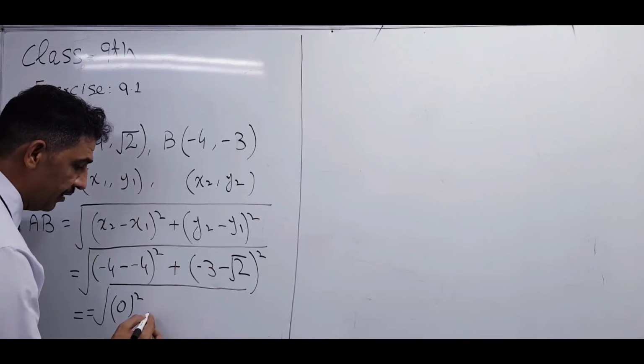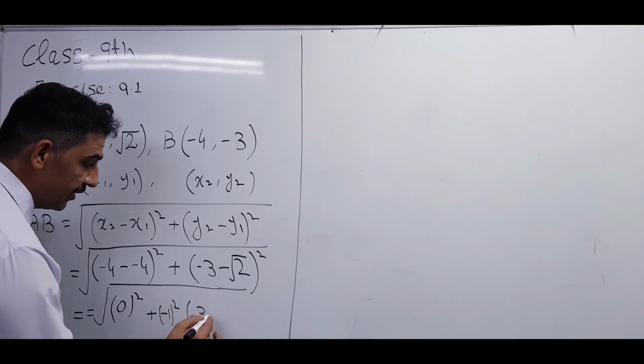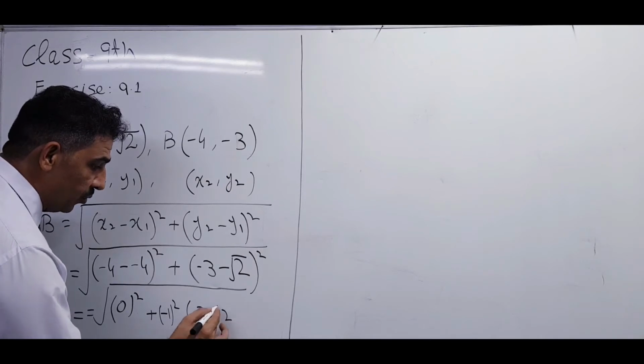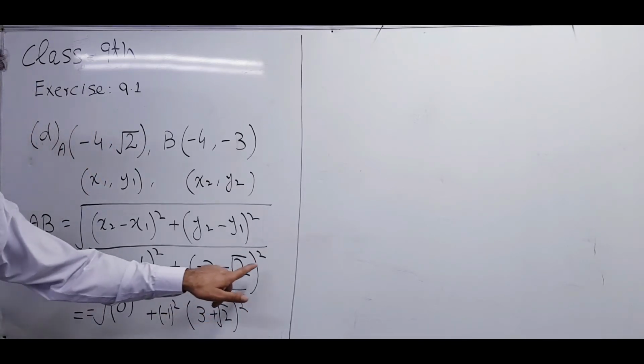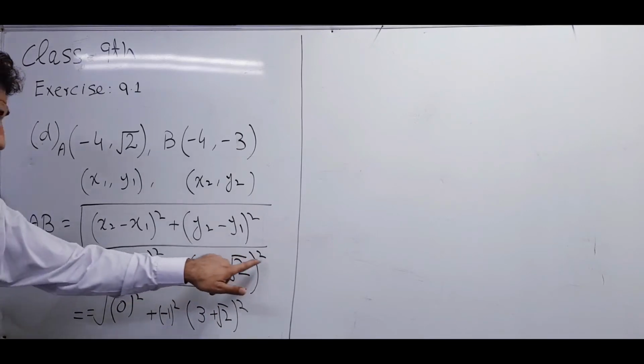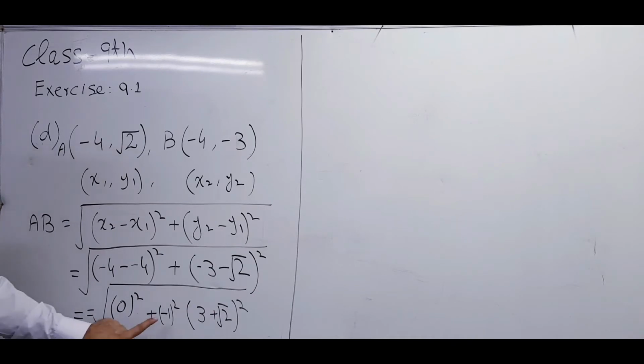When you take the minus sign common, it will become minus 1 square, and inside 3 plus root 2 whole square. When you are taking a number common, the same power will also come. Okay, so why am I doing it like that? Because minus 1 square is equal to 1, 0 square is equal to 0.